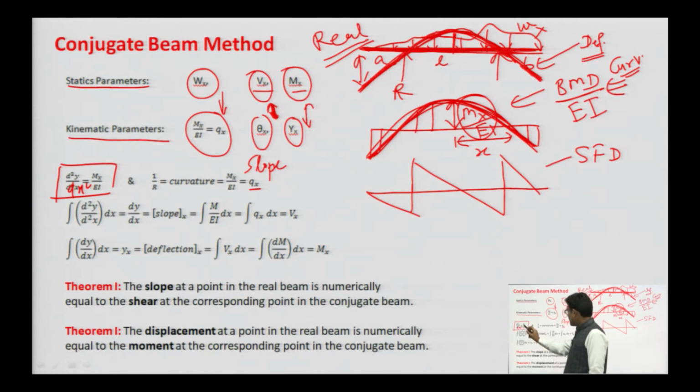If we integrate this, we will get dy by dx, which is the slope. Putting the value of M x by EI, it is the integral of M x by EI.